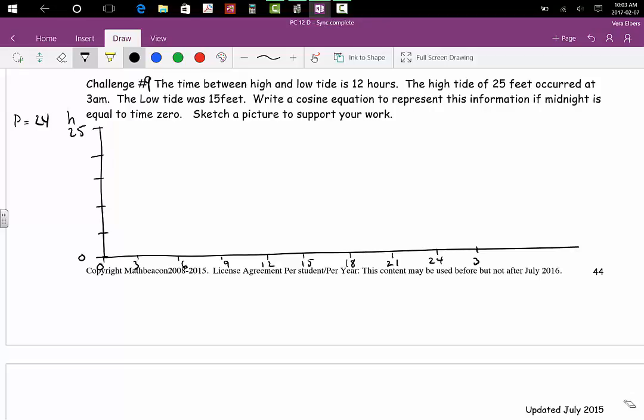Okay. So I'm going to start by drawing in some guidelines. We know that our maximum height is 25 feet, so I'm going to put one there. We know that our low tide is 15 feet, so I'm going to put one there.